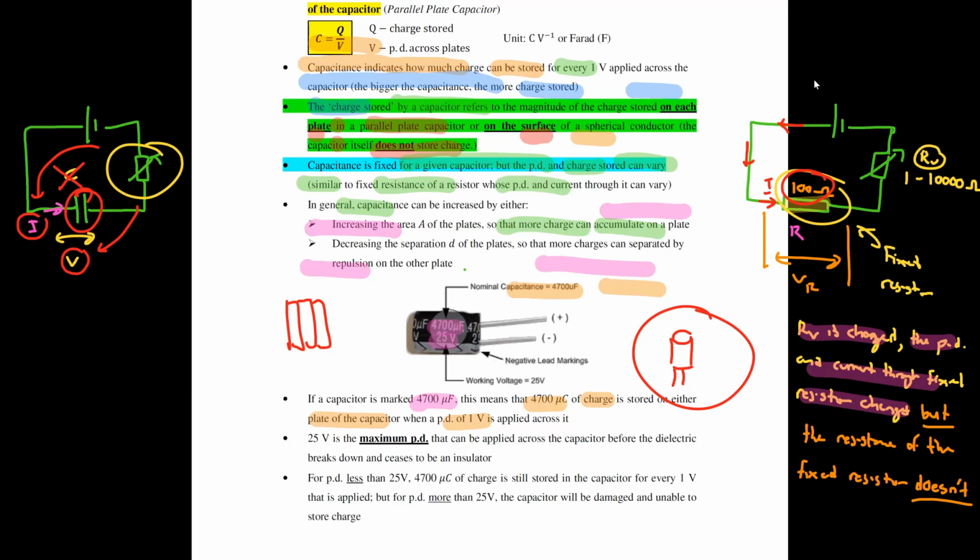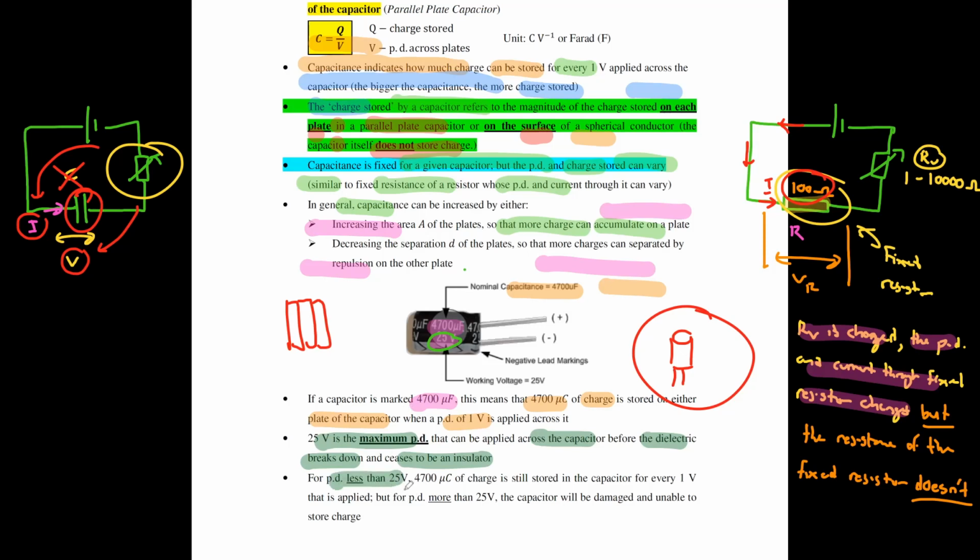Okay, and then after that, you also notice that you have a voltage rating here. This voltage rating isn't talking about the average voltage or the minimum voltage that should be applied to a capacitor, but rather the maximum voltage that you can apply to your capacitor before your dielectric layer breaks down and ceases to be an insulator. So if you want to use this capacitor, just make sure that your voltage is below 25 volts.